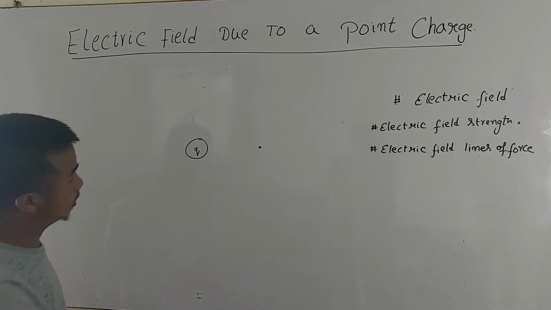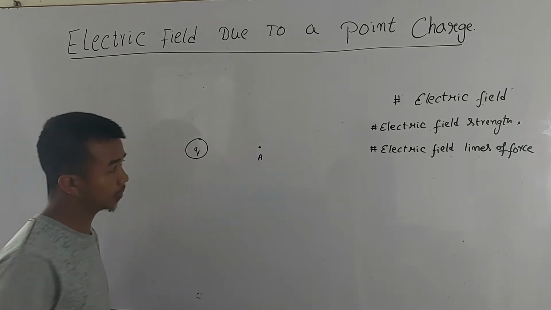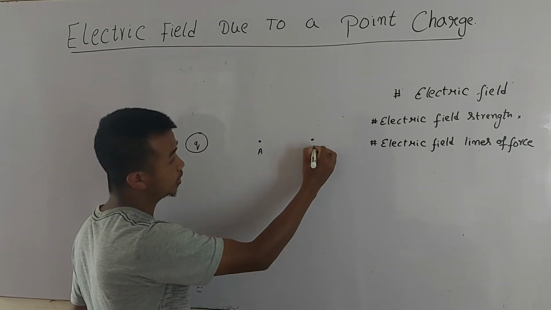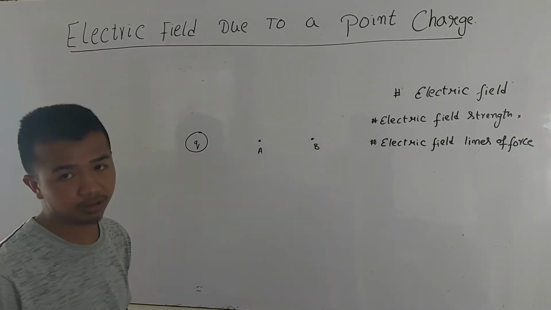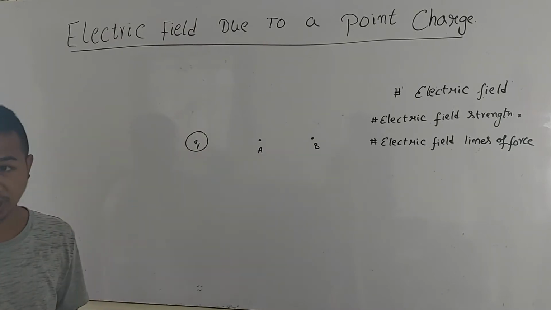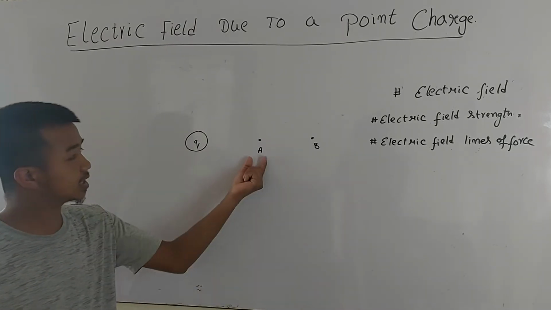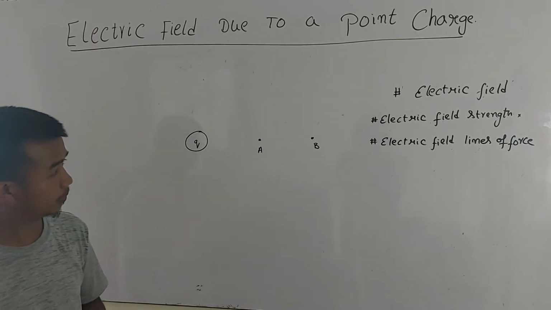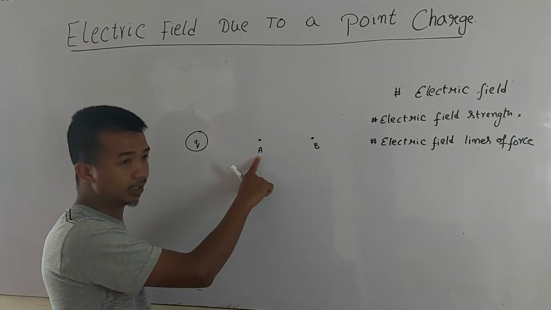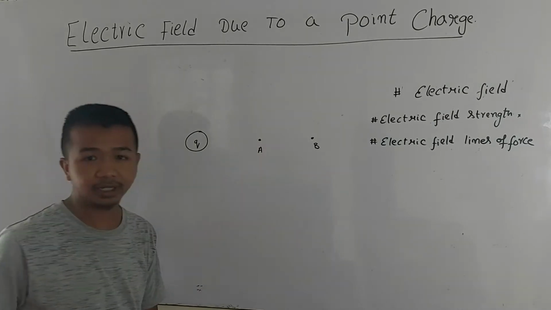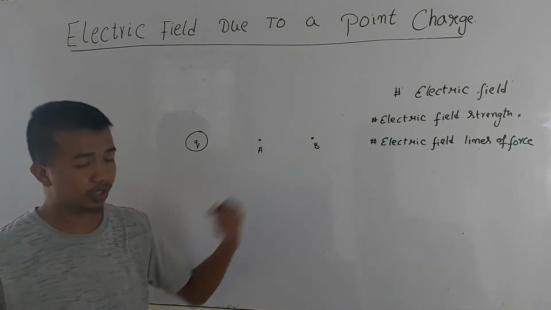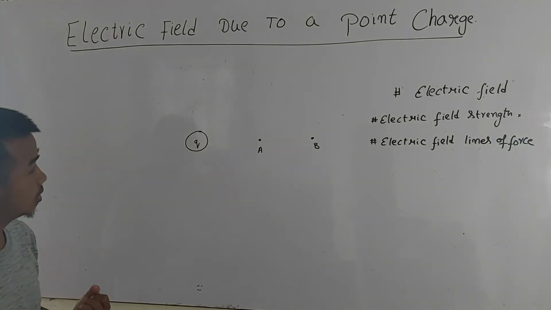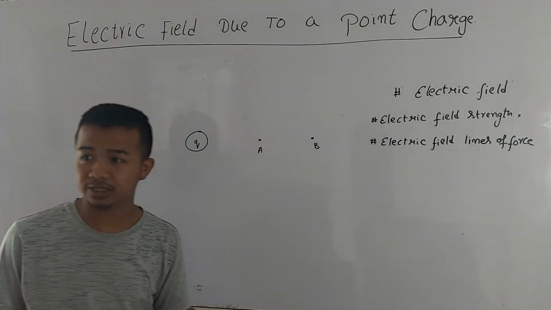For example, this point A is close to a system of charge and a point B is a little bit farther away from the system of charge. So what is the strength of the electric field at the point A compared to the point B? The electric field at A will be much higher than the electric field at the point B. So closer to the system of charge, larger will be the electric field strength.